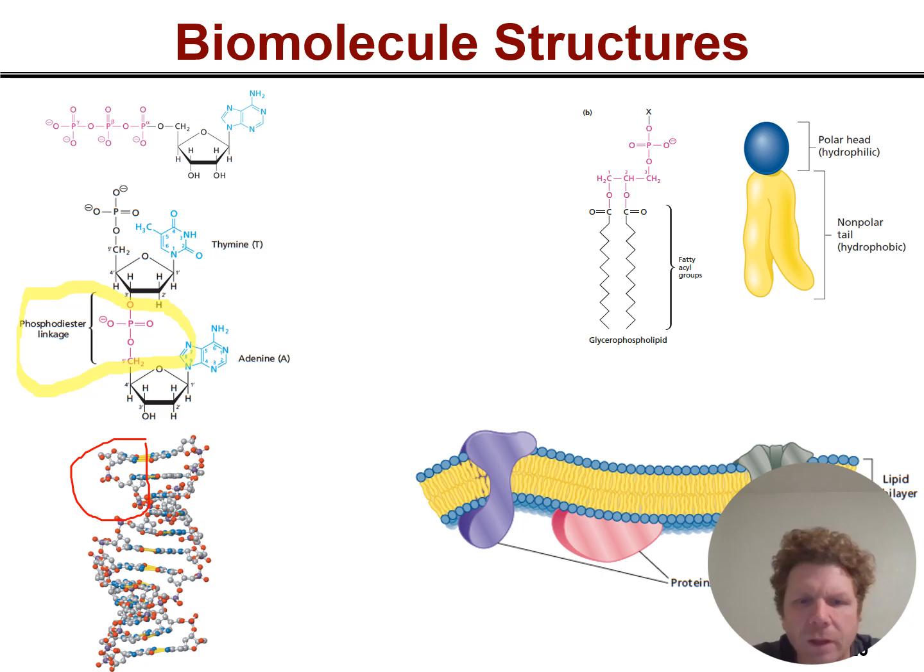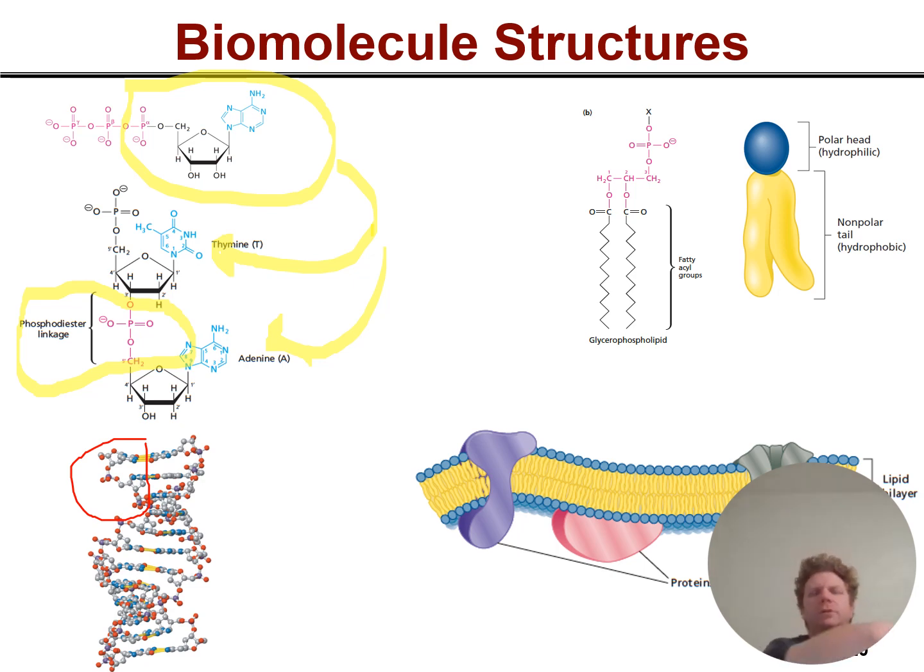because basically what we have is this molecule being found here, and then again being found here, and repeating over and over again. So how do they repeat over and over again?